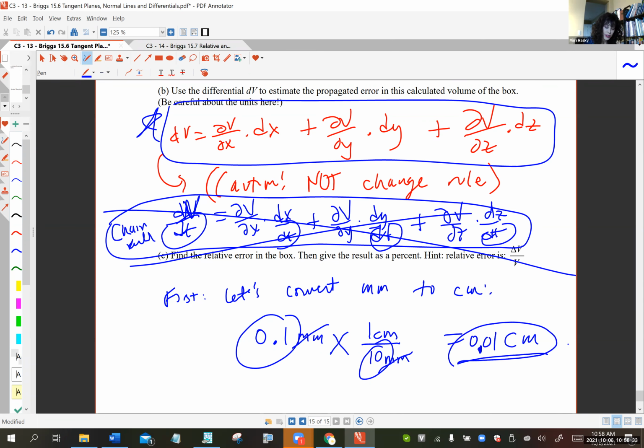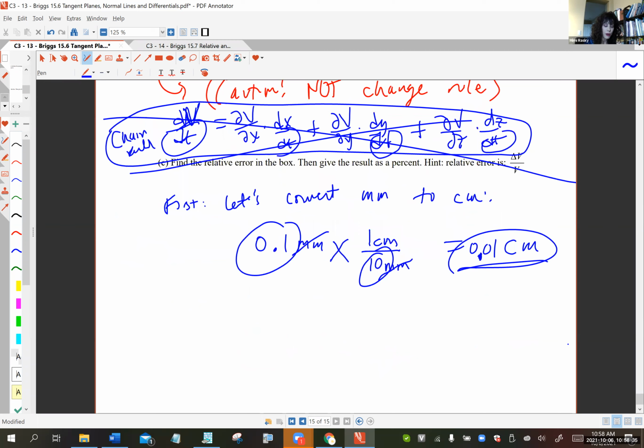0.01. So what are we saying? Our error from our measurement tool, because it's not exactly accurate, is always, whatever length, width, or height you're measuring, plus or minus 0.01 centimeters. So here's the deal. You've got your dV.